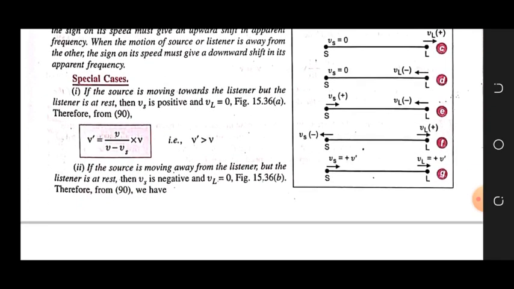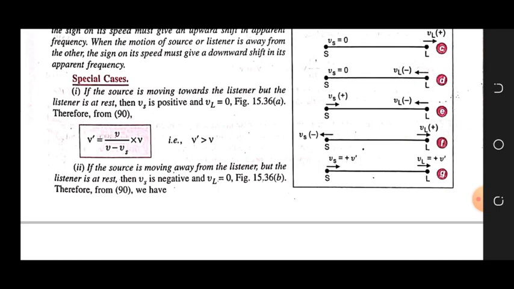Special cases. The first case: the source is moving towards the listener but the listener is at rest. So the source of sound is moving towards the listener and vL, the listener's velocity, is 0. Vs is moving towards the listener, S to L, so it will be taken as positive.